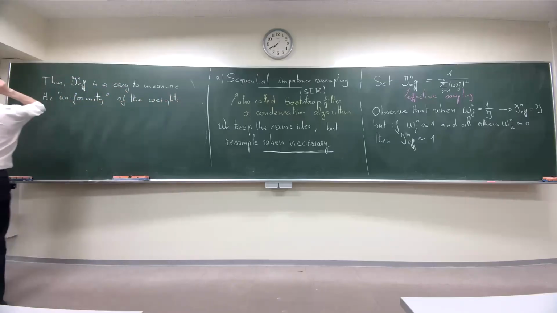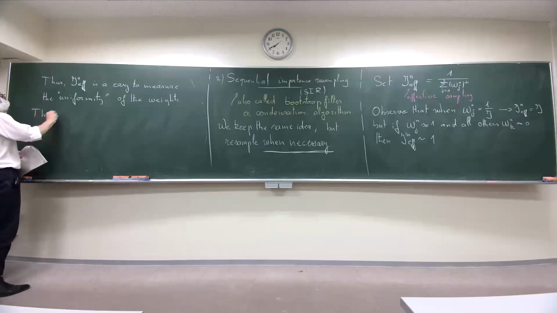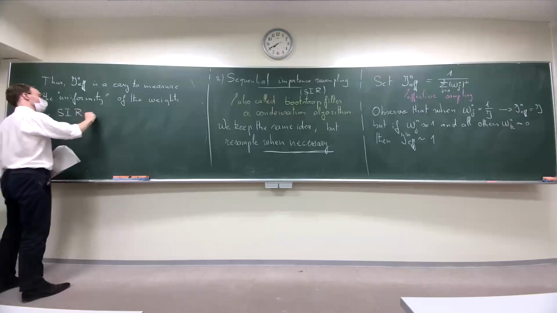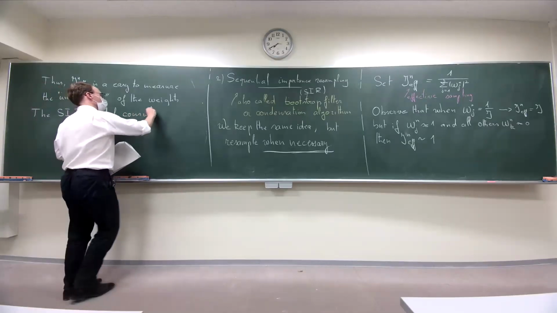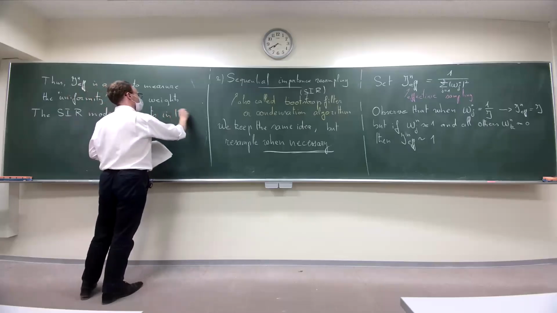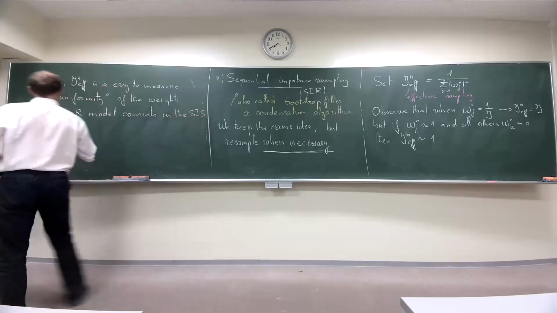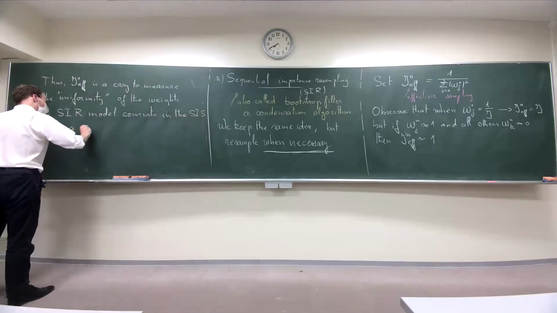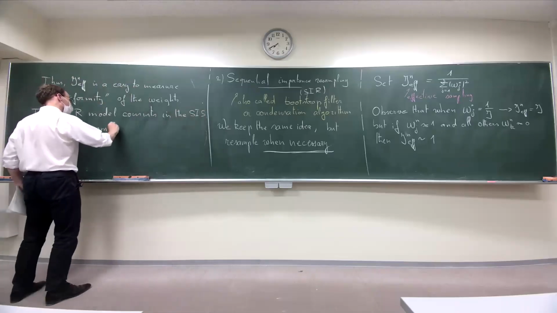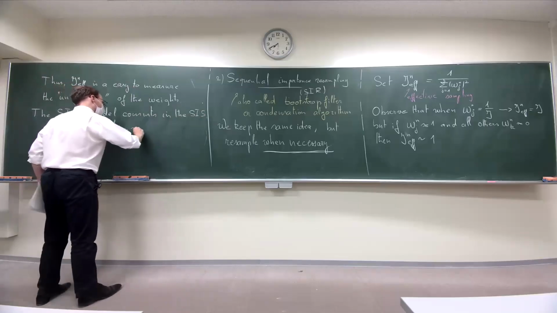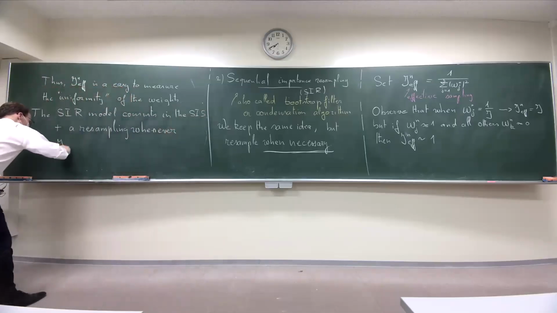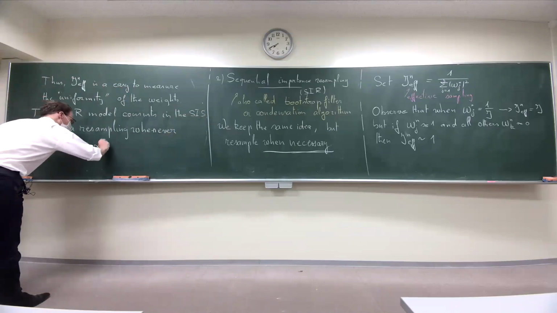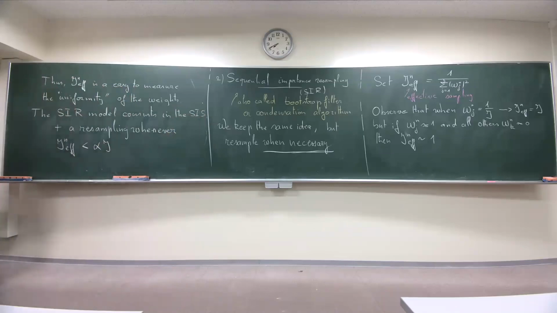And so what we do, the SIR model consists of SIS plus resampling, and I need to explain what it is. Whenever this effective number is smaller than a certain alpha times J. And again, you have some freedom.